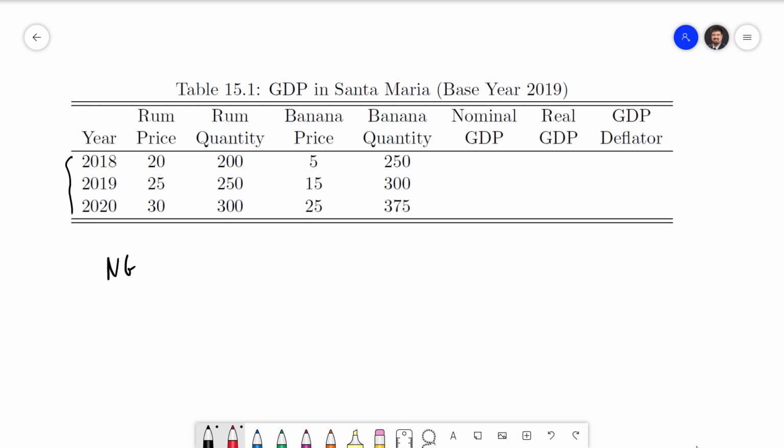For the nominal GDP in 2018, we're going to take our rum price times rum quantity plus our banana price times banana quantity. This comes out to 5,250.